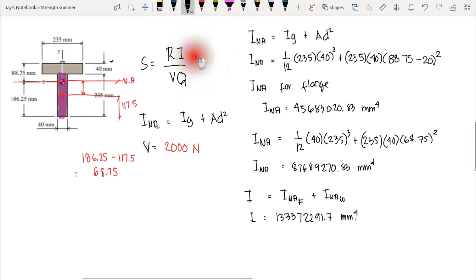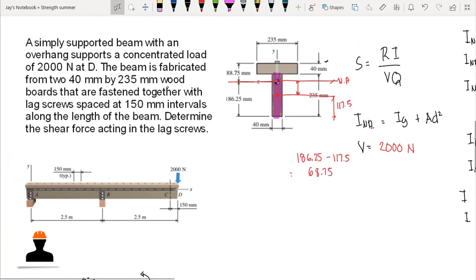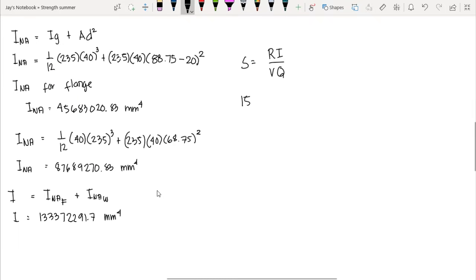Then we can now use this formula here, that is s equals R I over V Q, where s is the spacing of our bolt. Now, from the figure, we have 150 millimeter longitudinal spacing. We have 150 millimeter equal to our R here, that is the shear capacity of our bolt, or the shear being resisted by our screw.